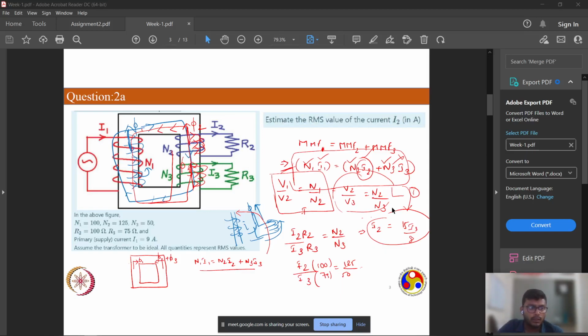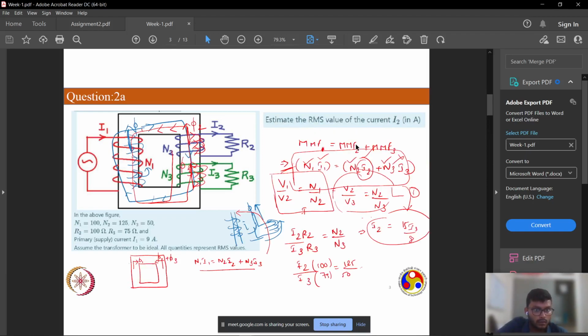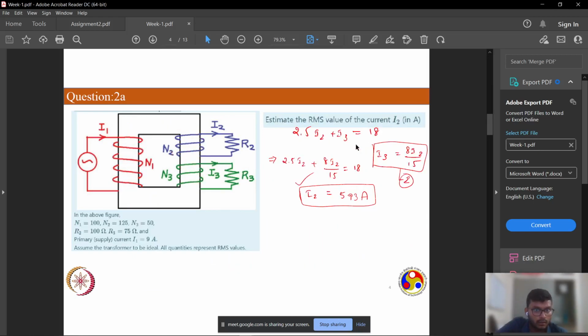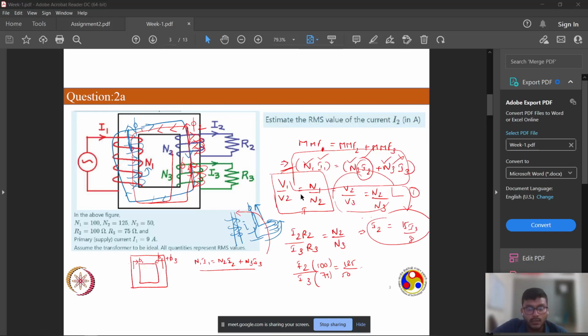Let's see how the next slide's equation came. You mean this equation 2.5 I2 plus I3? Yes, okay. So this is N1 I1, we know that.